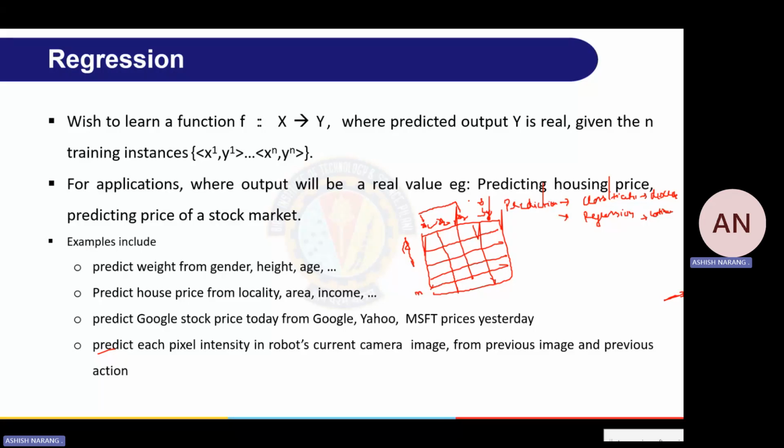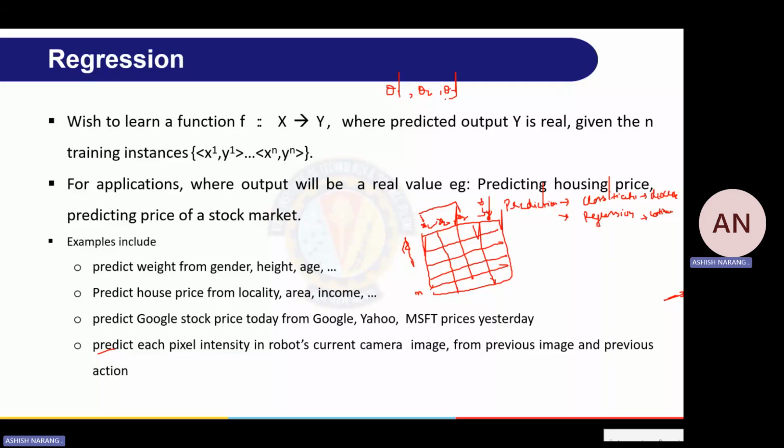So, using the historical data, the model will learn an equation. That equation will depend on how the size or the area of the house is affecting the price, how the number of bedrooms is affecting the price, how the furnishing is impacting the price, right? So each of these features will have some weights associated with it. We call them theta 1, theta 2, theta 3, and so on.